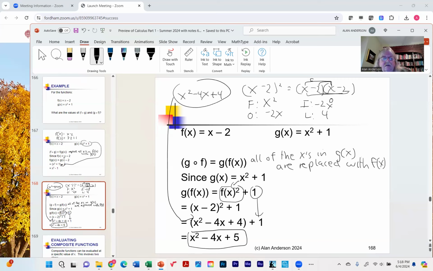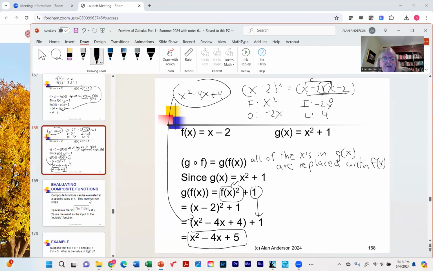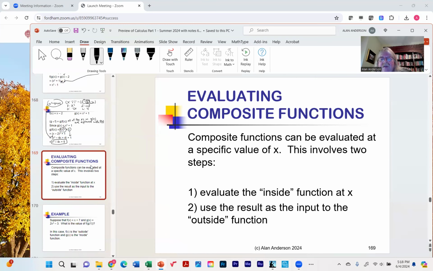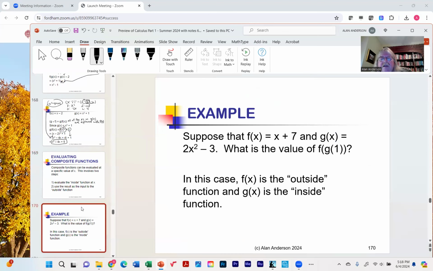All right. So now sometimes it may be necessary to evaluate a composite function and come up with a specific numerical result. How do we do that? All right, here we go.